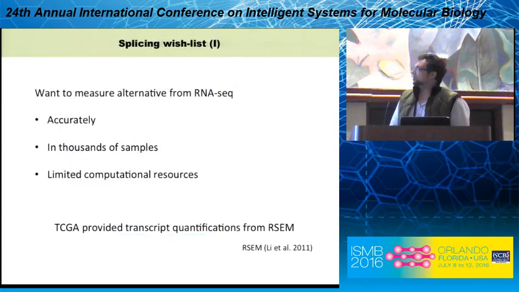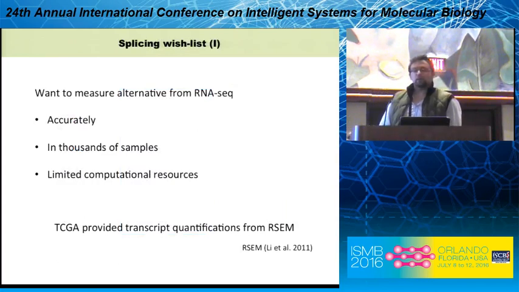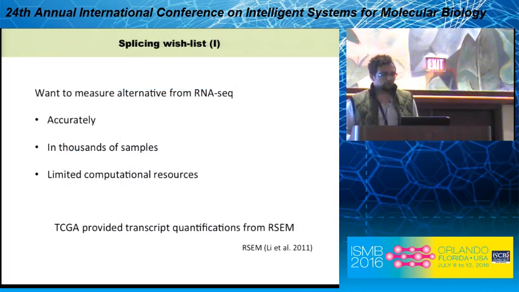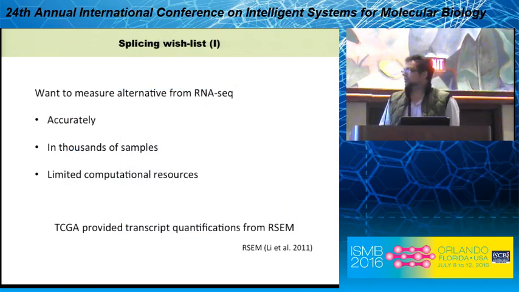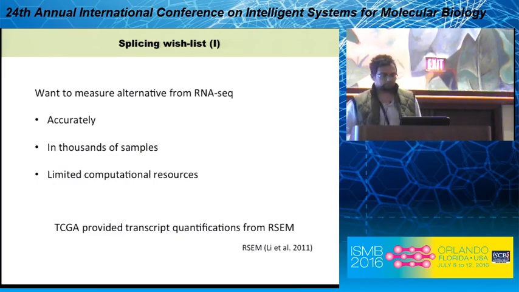So the splicing wish list is: we need a method to study splicing accurately in thousands of samples with limited time and computational resources. TCGA provided some information, but it was partial. Among other things, they were providing the transcript quantifications from RSEM.